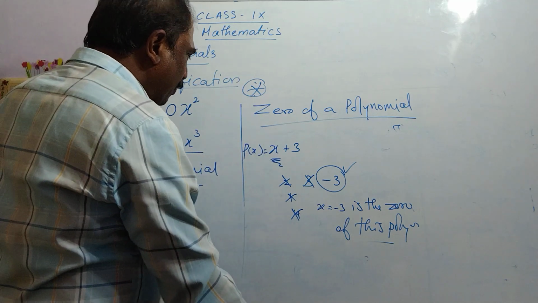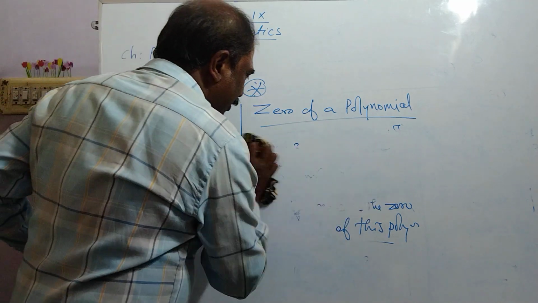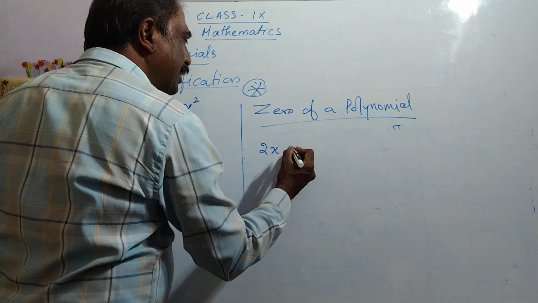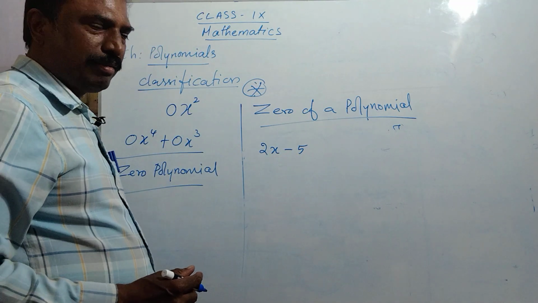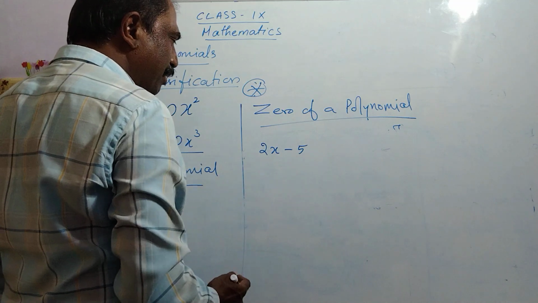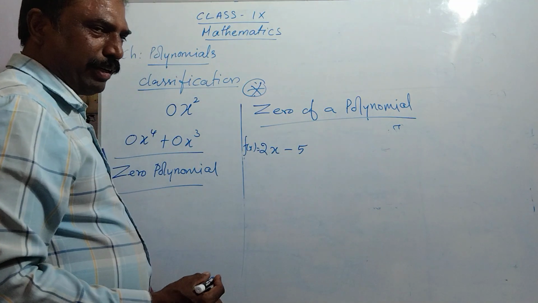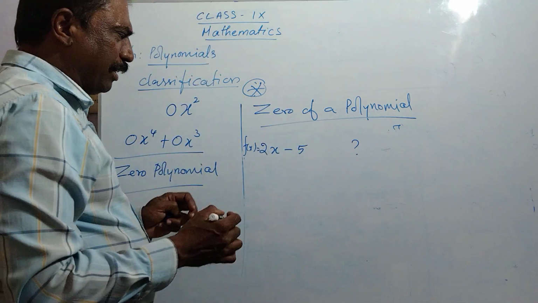Let us see the 0 of another polynomial. Suppose 2x minus 5, it's a polynomial. Suppose a polynomial f of x equal to 2x minus 5. What is the 0 of this polynomial? We can find it.